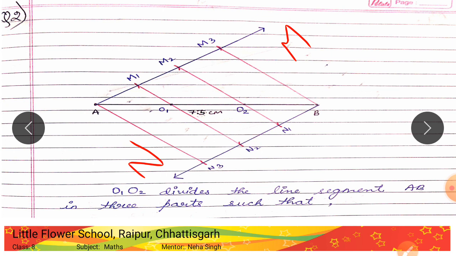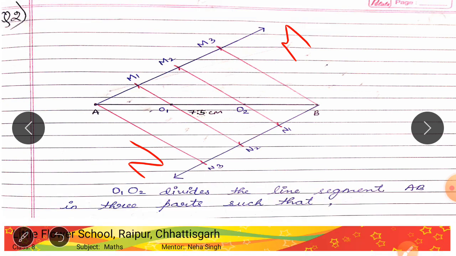Equal measurements. Suppose I am keeping the compass at the point A and I'll draw an arc M1 of any measurement. With the same measurement, now from M1 I'll draw an arc M2. Now from M2 with the same measurement I'll draw an arc at M3.